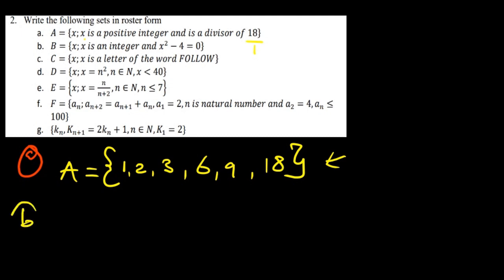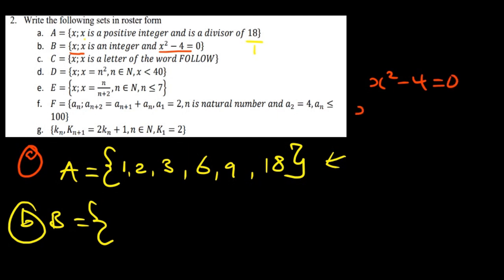Let's go to set B. By description, they're saying a set of all x's such that x is an integer and x squared minus 4 is equal to 0. For us to find the values that will be in this set, we just have to find the solution to this equation. So x squared minus 4 is equal to 0, so x squared is equal to 4.